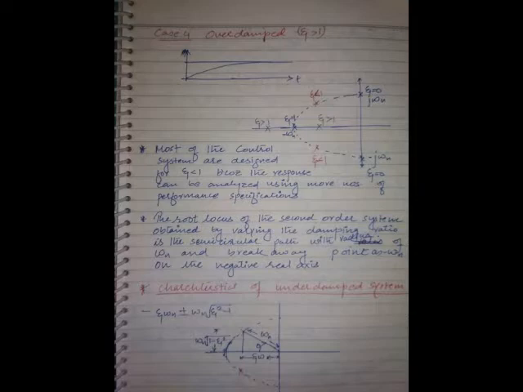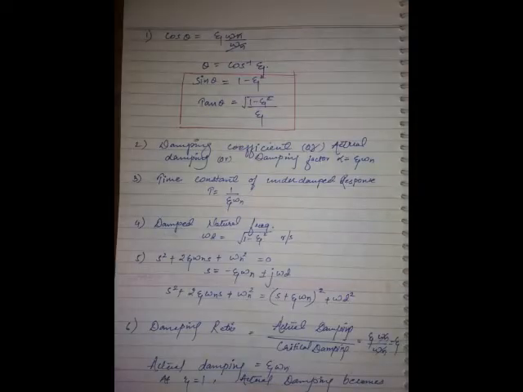Case 3. So 3 appears to be the optimum and best response because in 3 there are no oscillations and the response is quickly reaching the final value. So it appears to be the optimum and best response. Yes or no? Now listen.